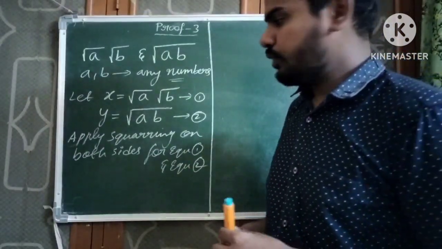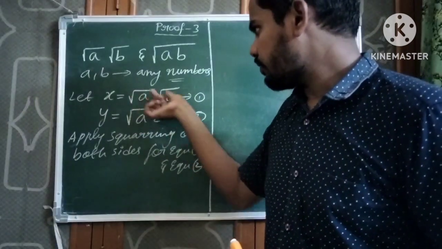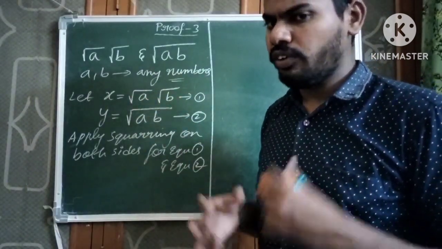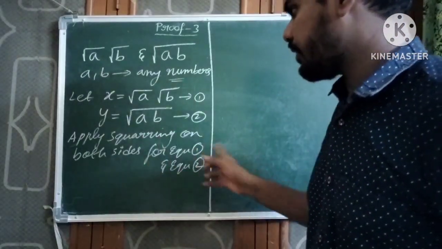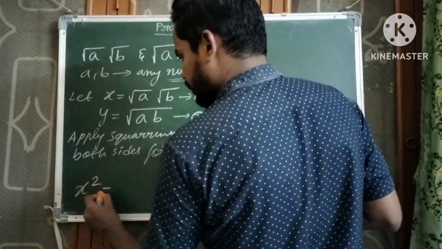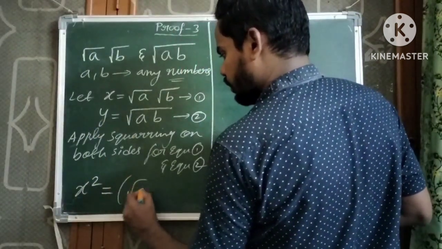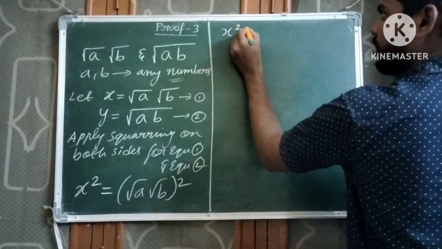Okay, now I just want to eliminate square roots here, the radical symbols. How can we eliminate a square root? By applying squaring. So apply squaring on both sides. Equation 1 becomes x square is equal to root A into root B whole square.